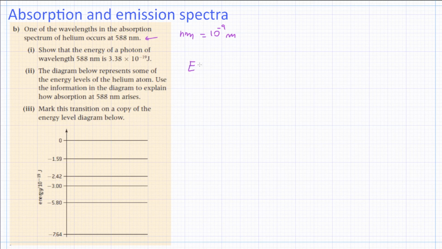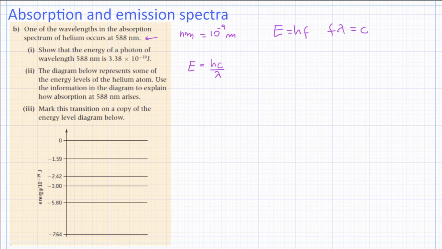So, if you look at your booklet, you should have an equation for energy. And if you combine your equation for energy with the wave equation, you will get hc over lambda, right? How did we get this? We used E equals hf. This is Planck's constant, and f equals c, right?